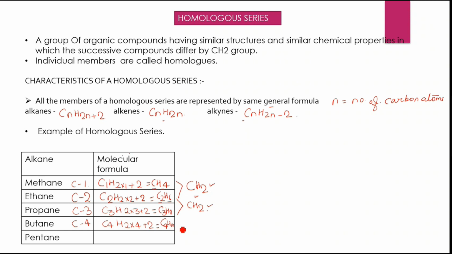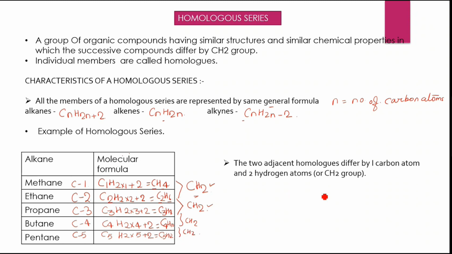Then pentane has 5 carbon atoms, so C5H(2 into 5 plus 2), which is C5H12. So all differ by a CH2 group. The two adjacent homologues differ by one carbon atom and two hydrogen atoms, or a CH2 group.